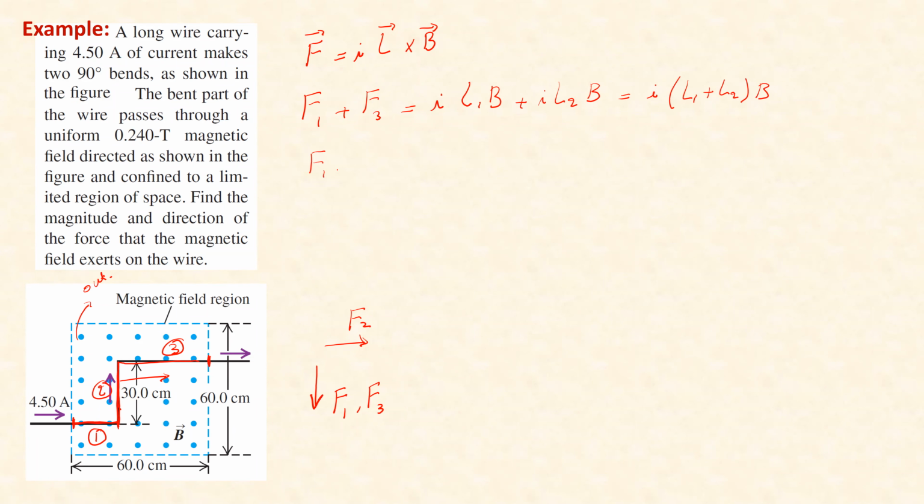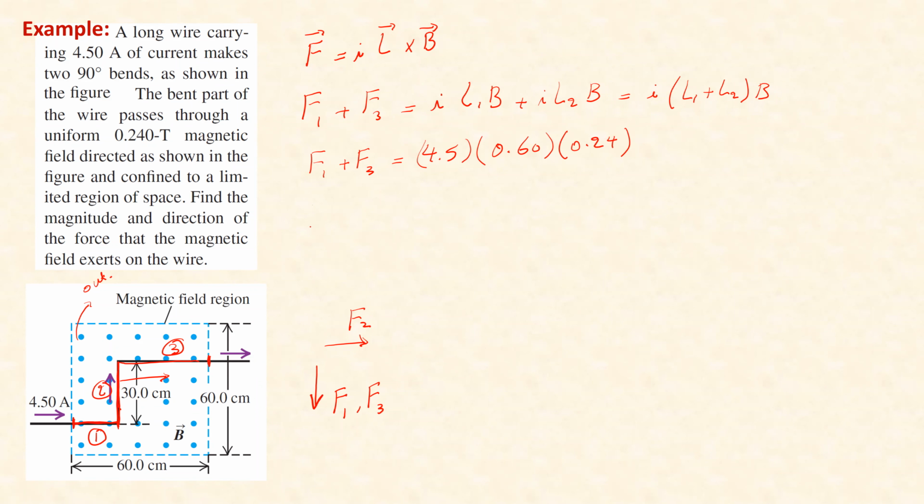So F1 plus F3 magnitude is equal to I. What is I? 4.5 amps. L1 plus L2 is 60 centimeter, which is 0.6 meters, times B, which is 0.24. So you can calculate that. This is the direction. This is F1 and F3 that are both downward.